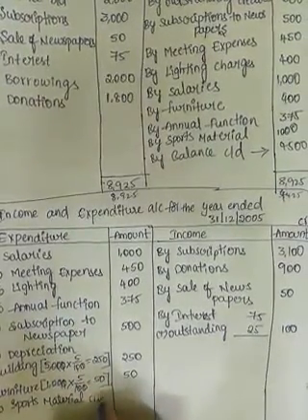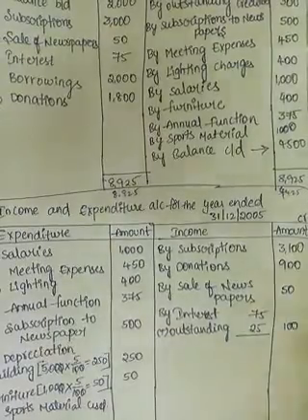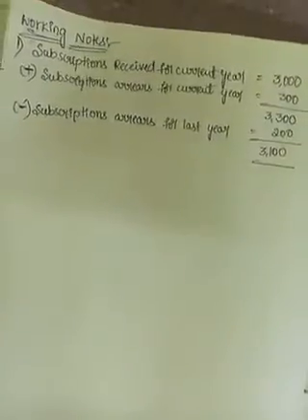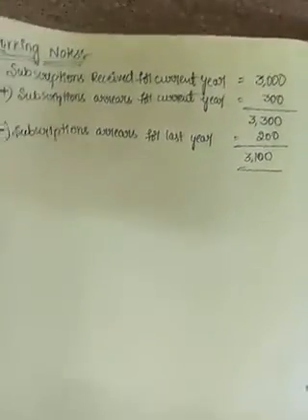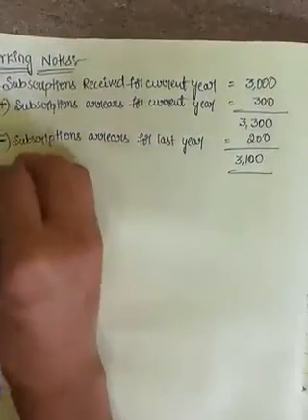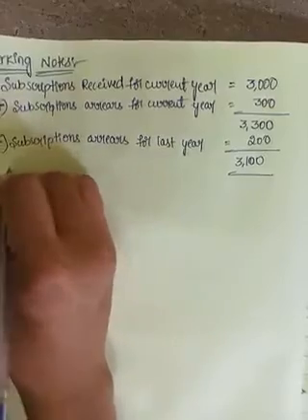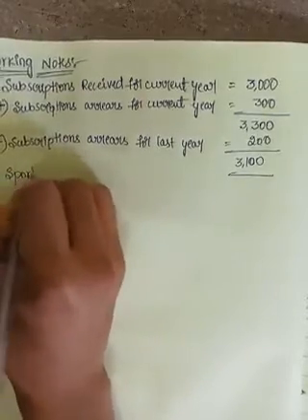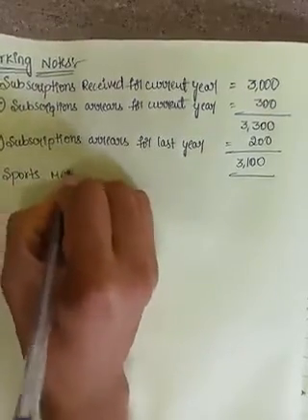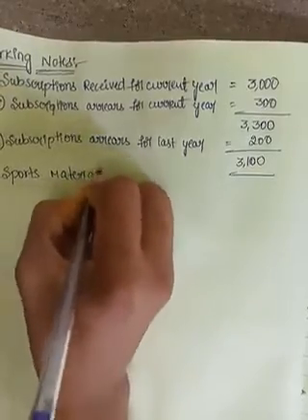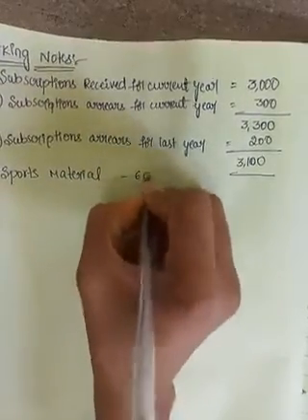So for this, there are working notes. Sports material: how much is the sports material amount? It is 600.